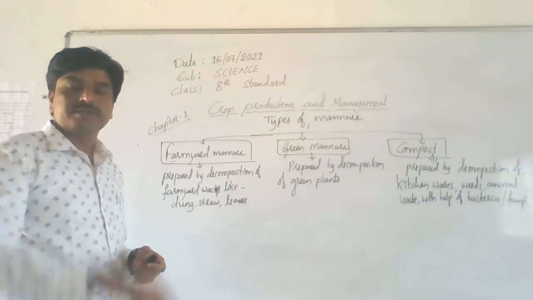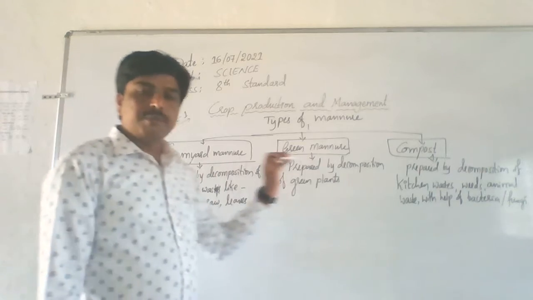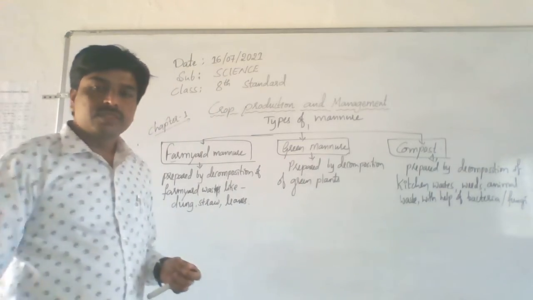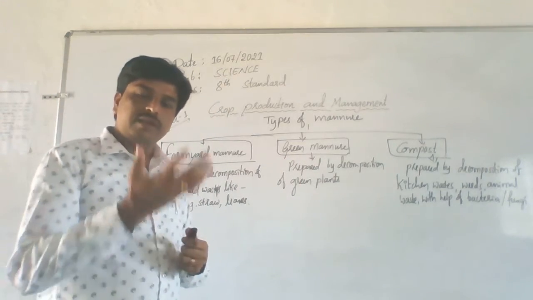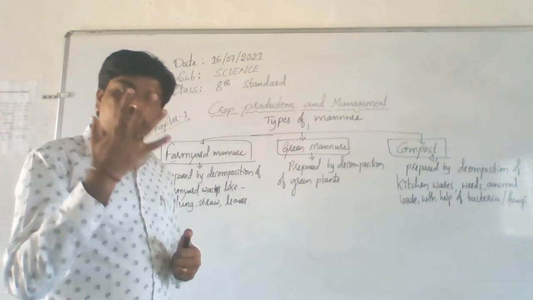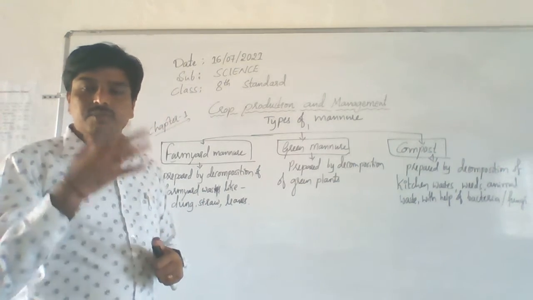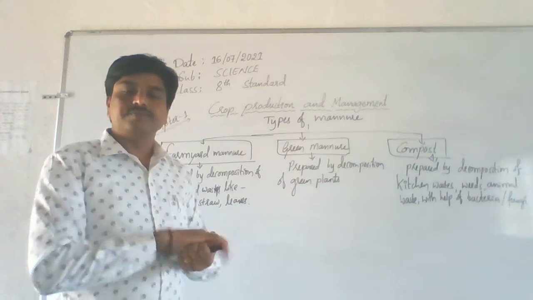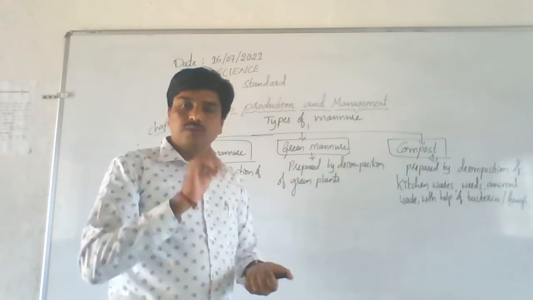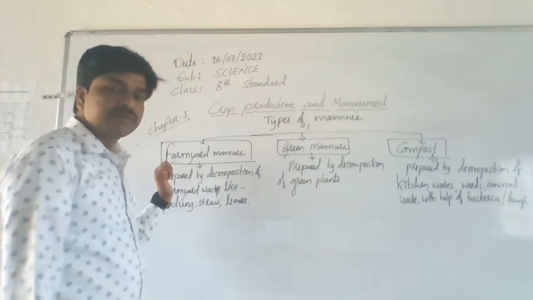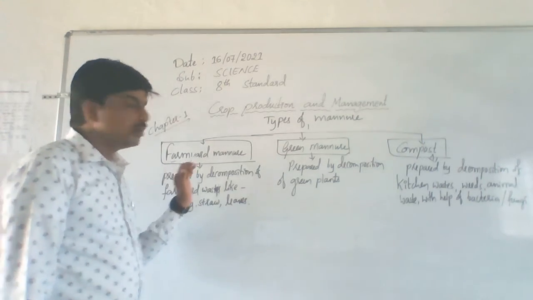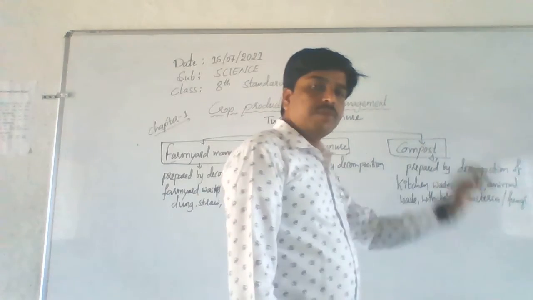Remember, all three contain humus. That humus improves the soil texture, improves the porosity of the soil, and improves the water holding capacity. Understand, students? Very easy. Remember these three main types of manure.